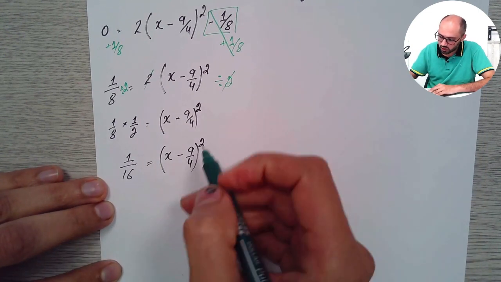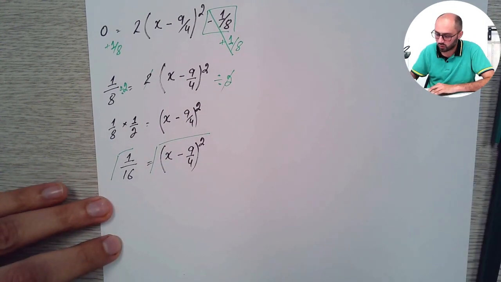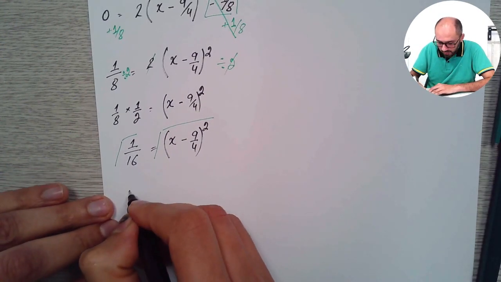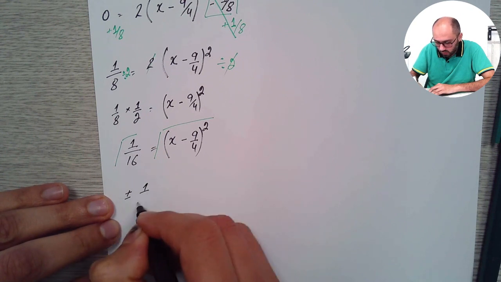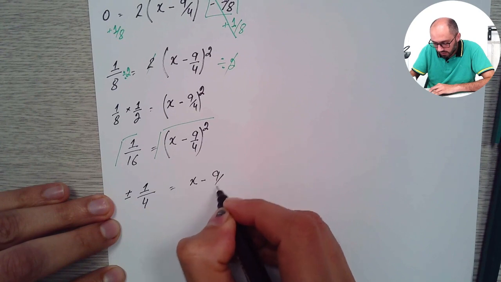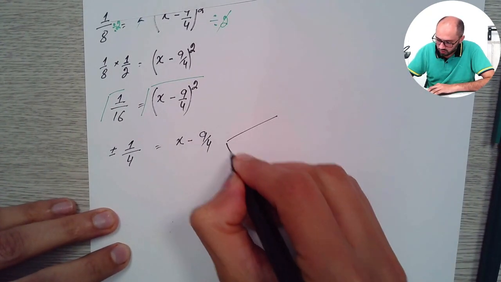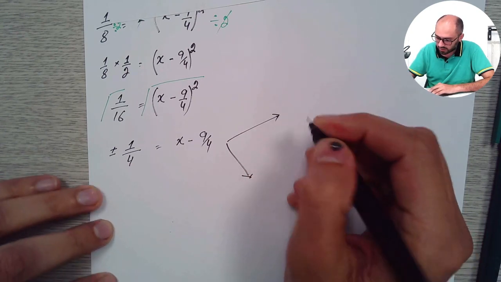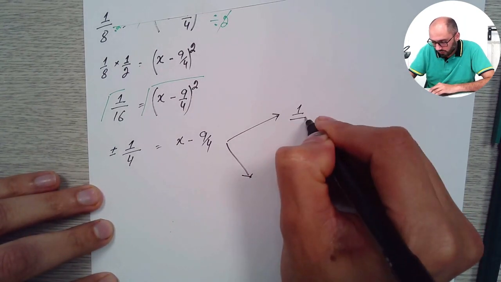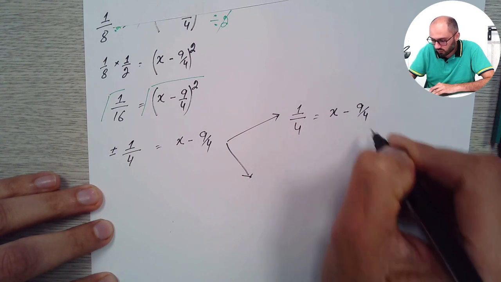Now to get it off this square, you'll take the square root on both sides. When you take the square root on both sides, you'll end up with plus minus 1 over 4 equals x minus 9 over 4. From here, I can now separate them out, and I can say 1 over 4 will be equal to x minus 9 over 4.